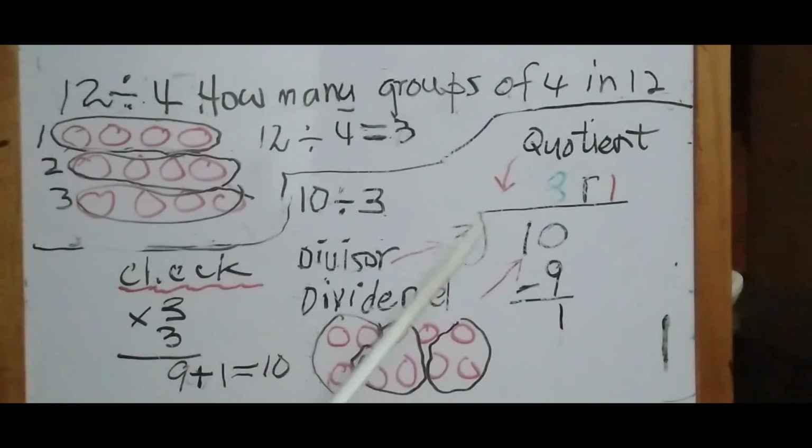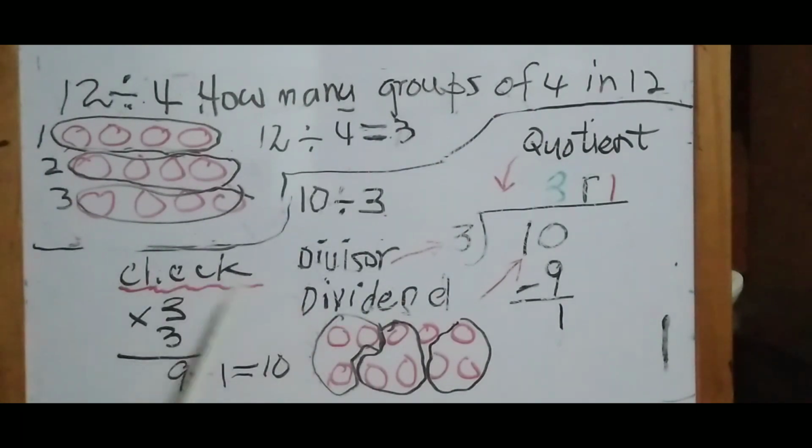You multiply the divisor by the quotient, and you get a number down here. So in this case, 3 times 3 equals 9. And then now you subtract. So 9 from 10 leaves 1. That's why we have R1, meaning remainder 1. Okay?